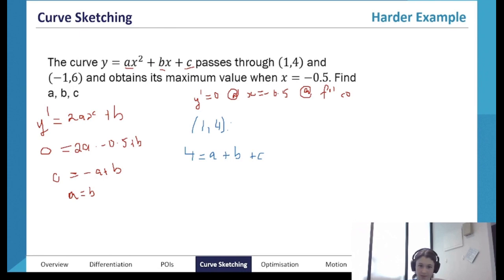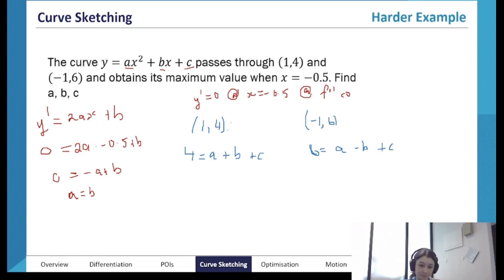And then subbing in (-1, 6), we get 6 equals a times negative 1 squared, which is just a, plus b times negative 1 plus c. So this is really useful. We now have 3 equations and 3 unknowns, which means we can use simultaneous equations to find a, b, and c.